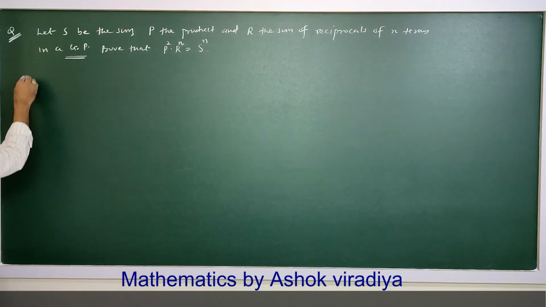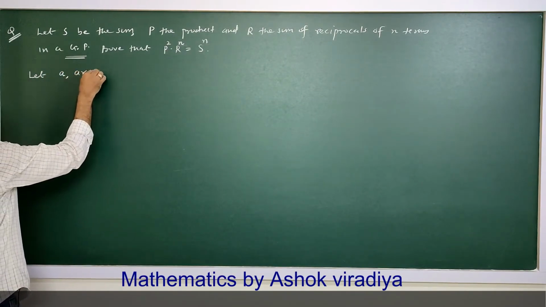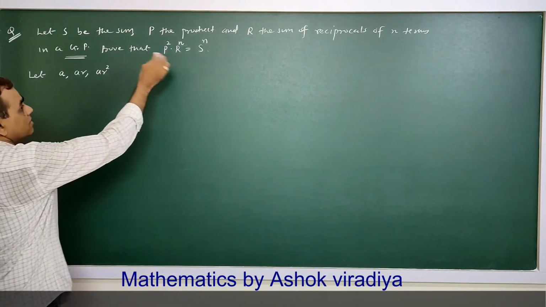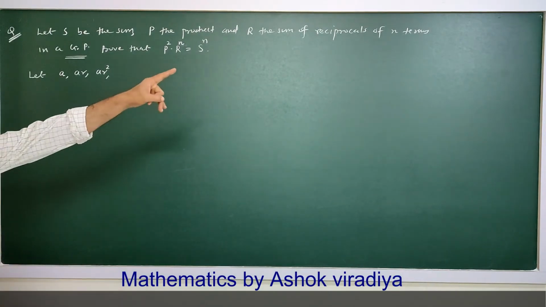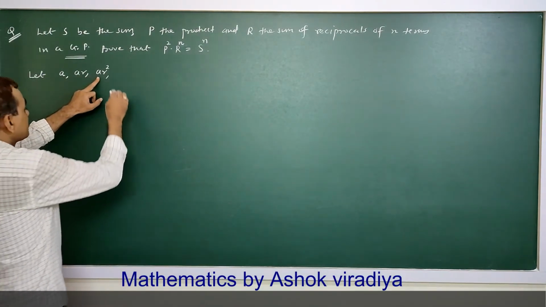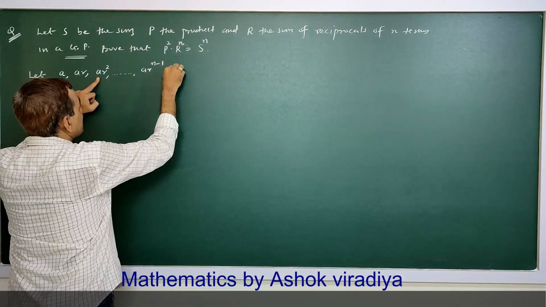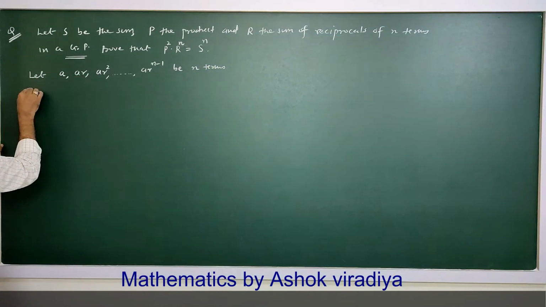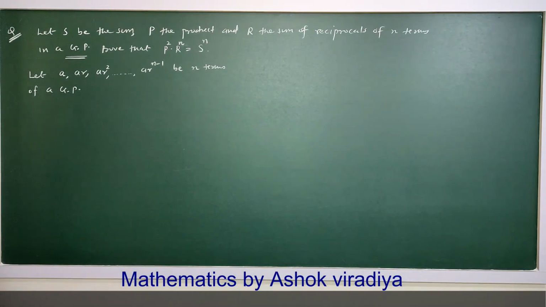First of all, we suppose that A, AR, AR square, up to AR raised to n minus 1 are n terms of a GP. So these are n terms of a GP.